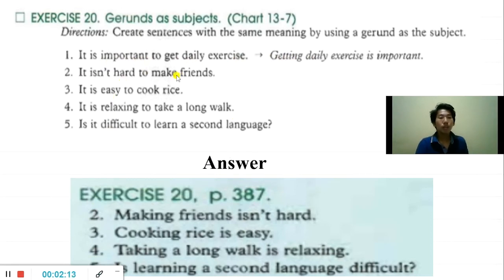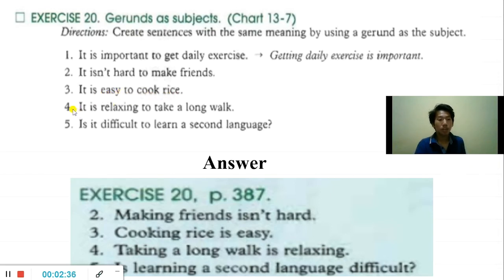And number 2, it isn't hard to make friends. We look, the infinitive is to make, and the gerund is making. Making friends isn't hard. Number 3, it is easy to cook rice. We look, infinitive to cook, and the gerund is cooking, like that. Cooking rice is easy.